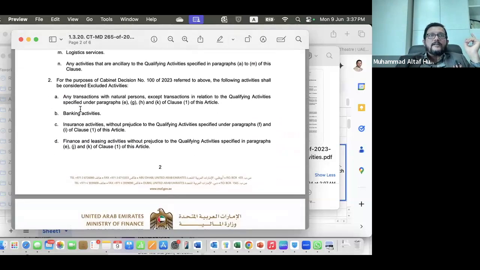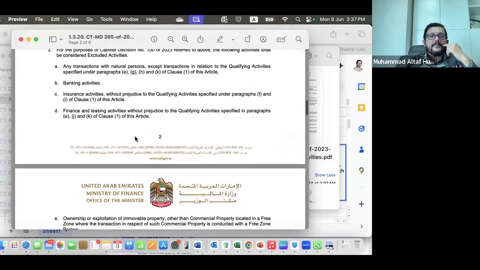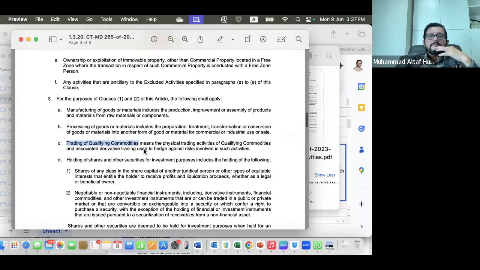This is distribution. Just as we usually say, normally the selling of goods is considered as trading, right? Yeah, it is. So it is mentioned here. Trading of qualifying commodities means the physical trading activities of qualifying commodities and associated derivative trading used to hedge against the risk involved in such activities.